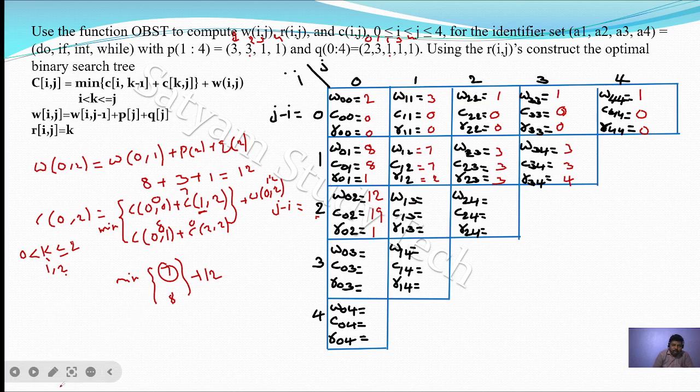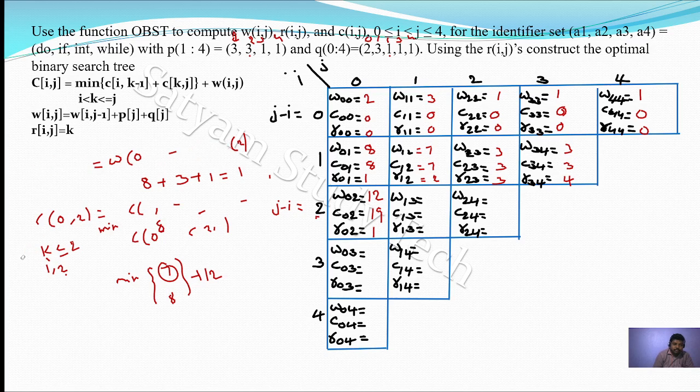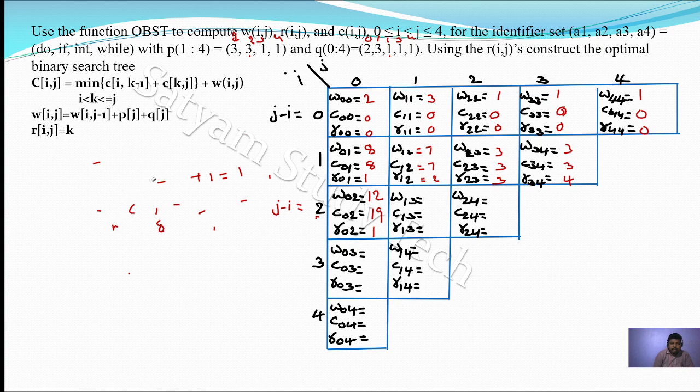Now we can calculate w of 1 3. You know the formula, so here it is w of 1 comma 3.